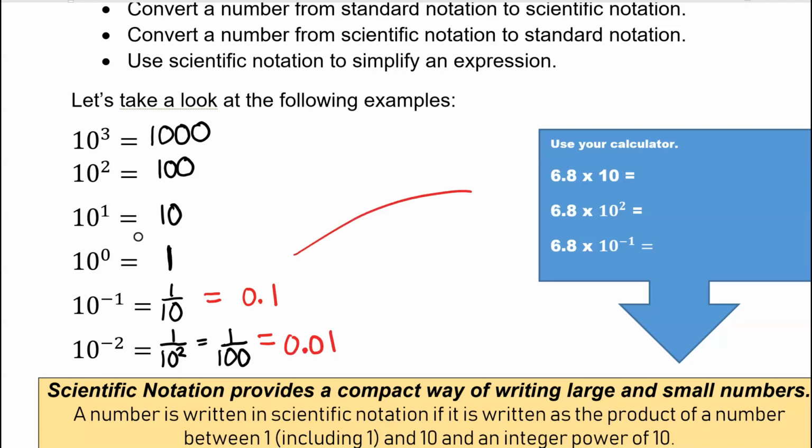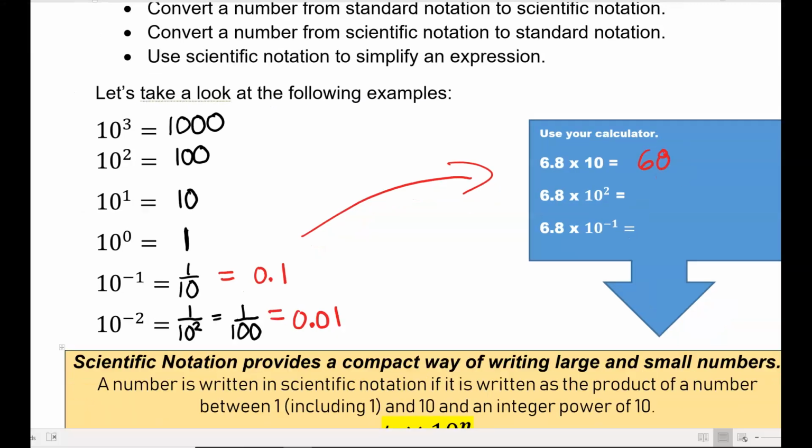All right, let's take a look at this box on your right here. You have 6.8 times 10. Well, 6.8 times 10 will give you 68 if you put that in your calculator. Next we have 6.8 times 10 to the second power. So really that is 6.8 times 100, right?